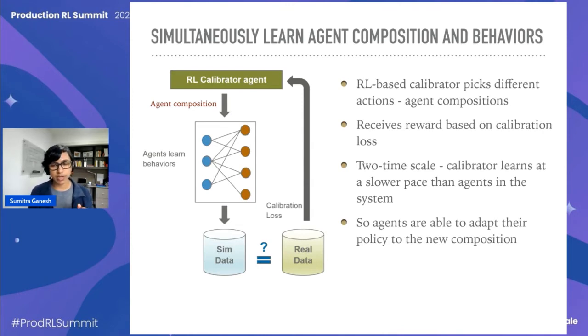So the agents in the simulation are able to adapt their policy to the new agent composition. And so we are able to learn both the agent composition corresponding to the real data, as well as the behaviors and policies of the agents in the simulation, simultaneously. So in one shot, we can learn both of these things and be done.